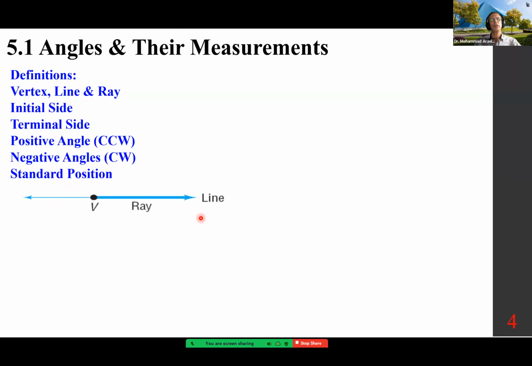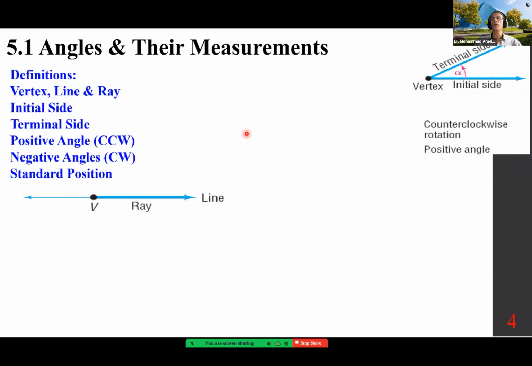So a ray in essence, this is a line and a ray is a half line where it stops at some point. Where it stops, it is its vertex. This is the initial side. This is the vertex. And this is the terminal side of an angle.